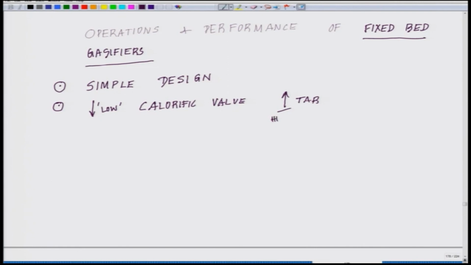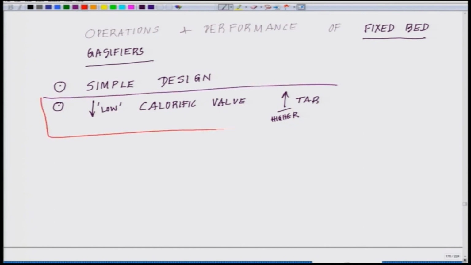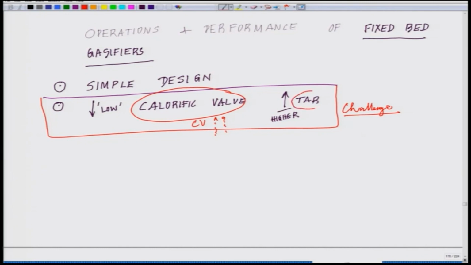This is upward arrow showing higher concentration of tar, and this particular part I am boxing it, this is a challenge. So, there is a lot of work which goes on to improve upon this. So, obviously CV or the calorific value, how we could increase it, and this one how we could reduce it. This is the most fundamental challenge what you face in these kind of fixed bed gasifiers.